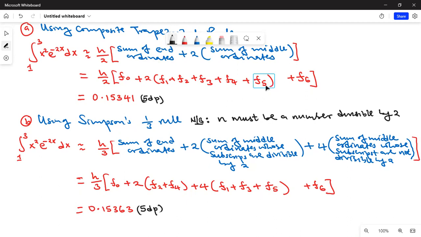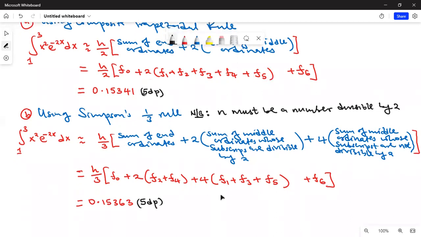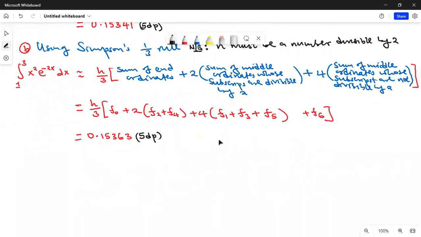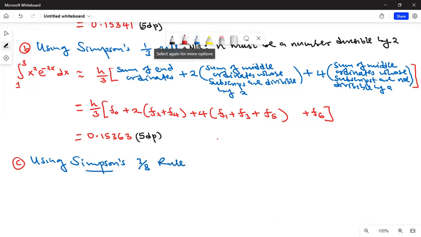And finally, part C, now using Simpson's 3/8 rule. So right here, part C, using Simpson's 3/8 rule. Let me state the formula in words.